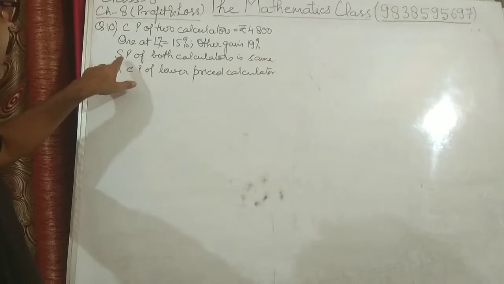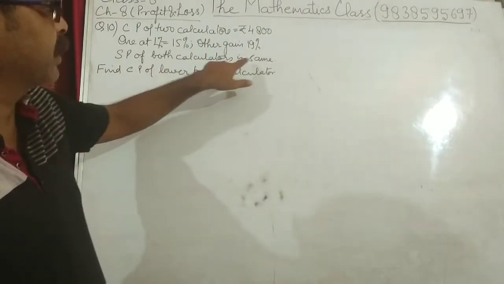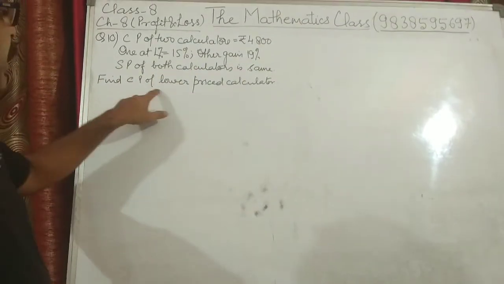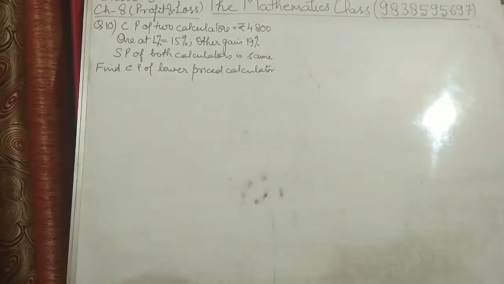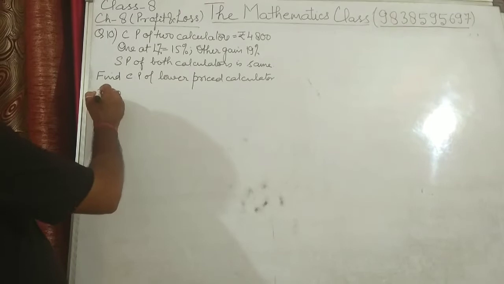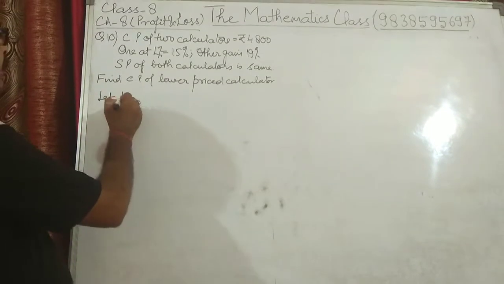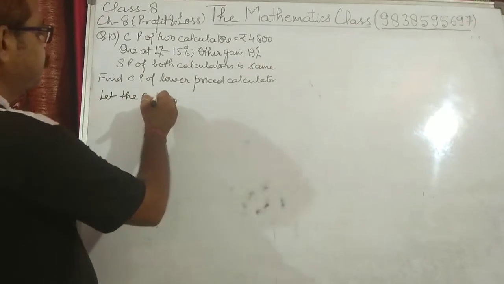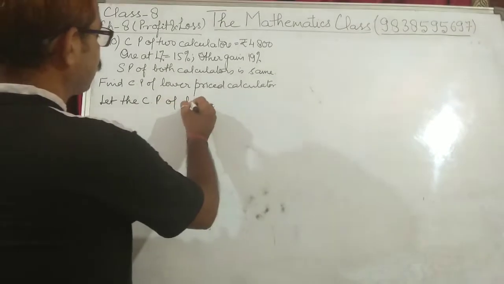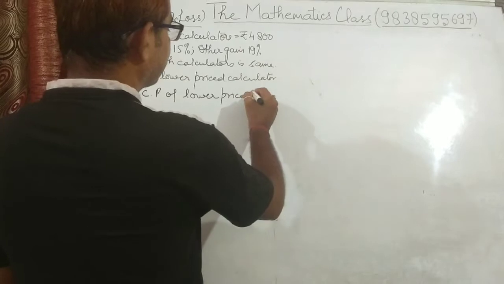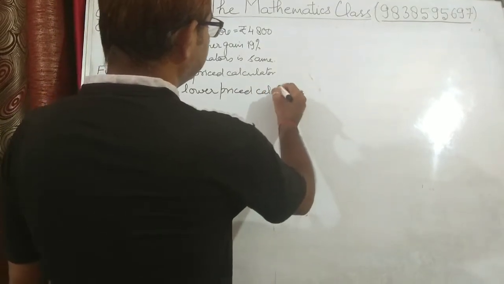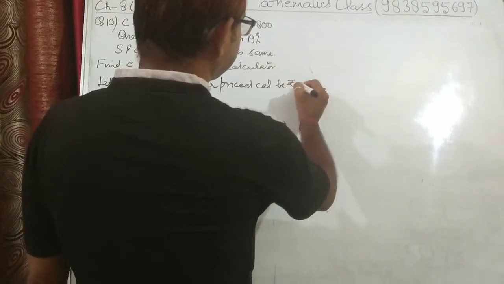But the condition given is that the selling price of both calculators is the same. Find the cost price of the lower priced calculator. What we'll do, let us assume that the CP or cost price of the lower priced calculator be rupees X.